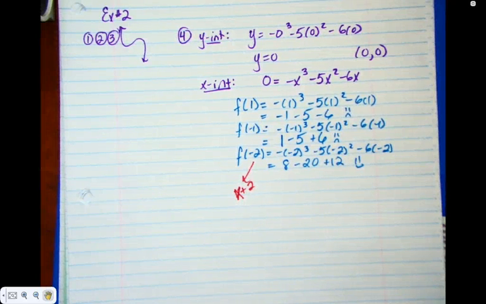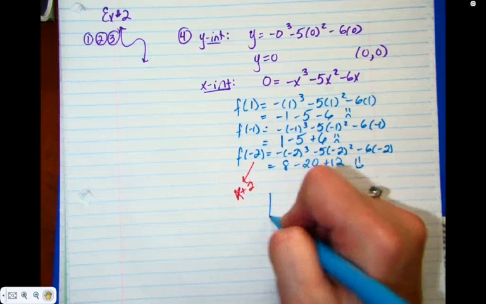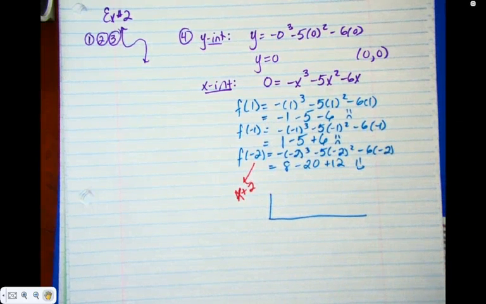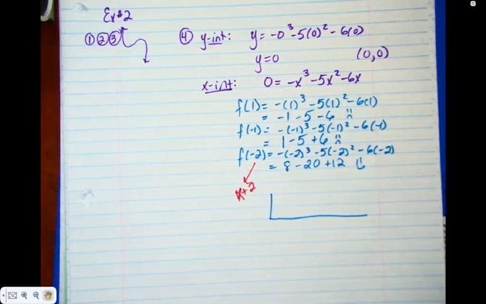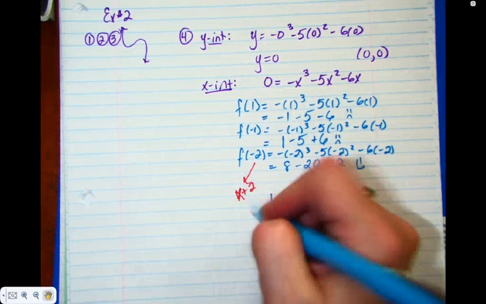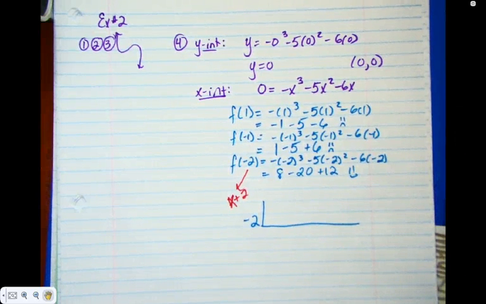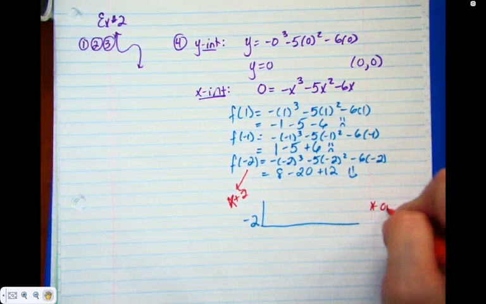Okay, now what? Synthetic division. What number's going to go on the outside? Negative 2. What needs to go on the inside? There's two things you need to check when you're doing your synthetic division. What were those two notes from last class? Check the order.